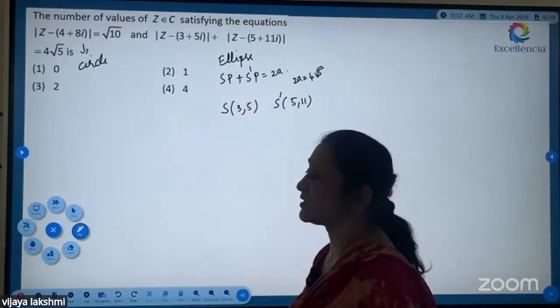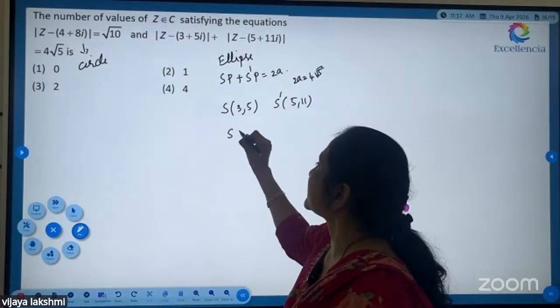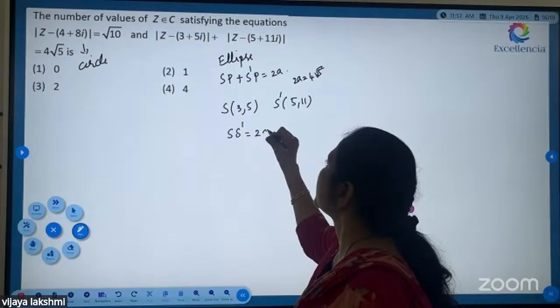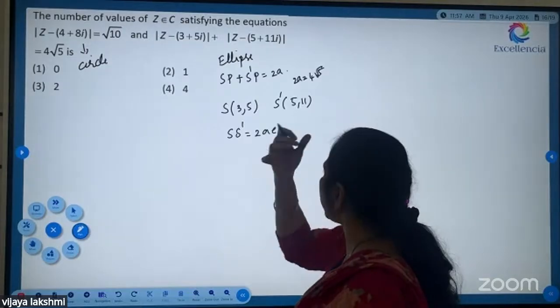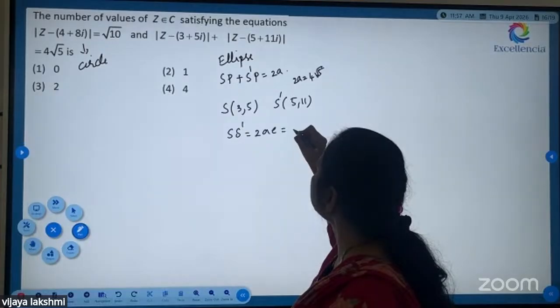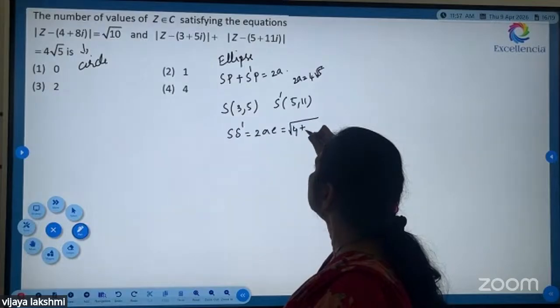We'll find the distance between S and S dash. The distance between S and S dash is nothing but 2AB, calculated as B minus 5 whole square over the square root of 5 minus 11 square root 36.